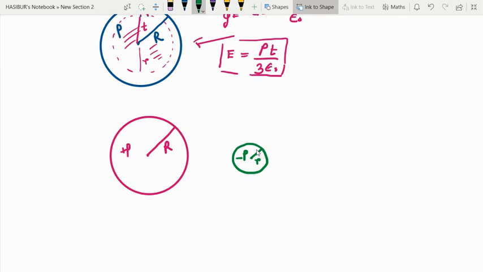Now combine these two spheres. I mean, put this small sphere inside the larger one.